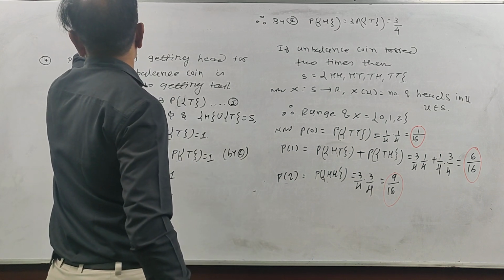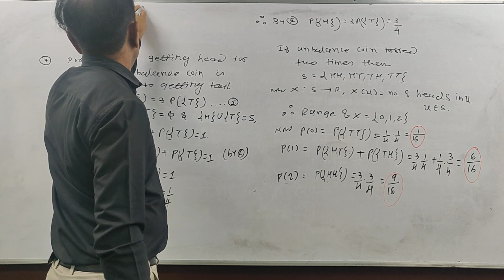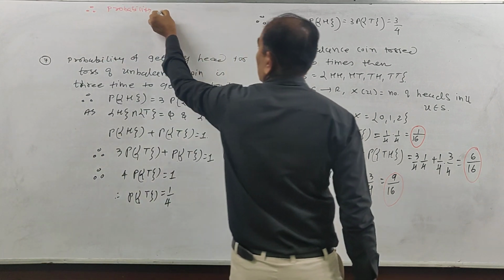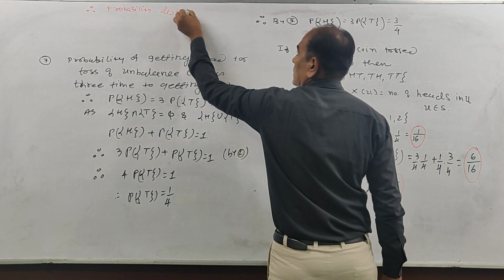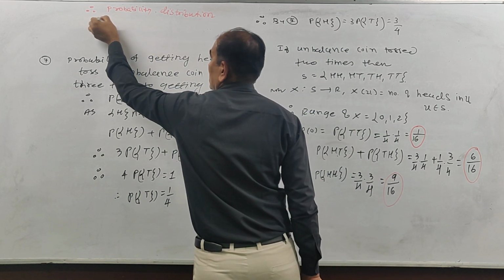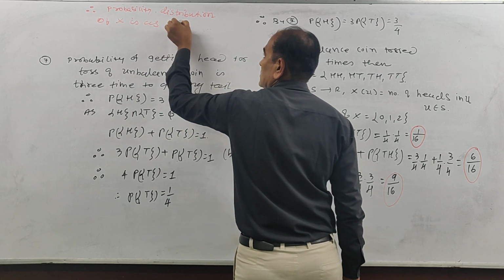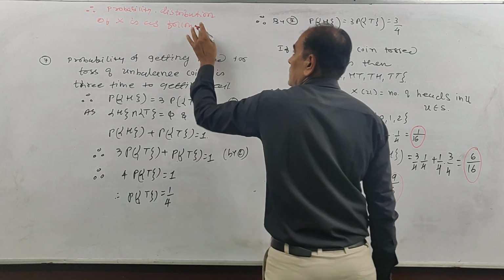The probability distribution of X is as follows.